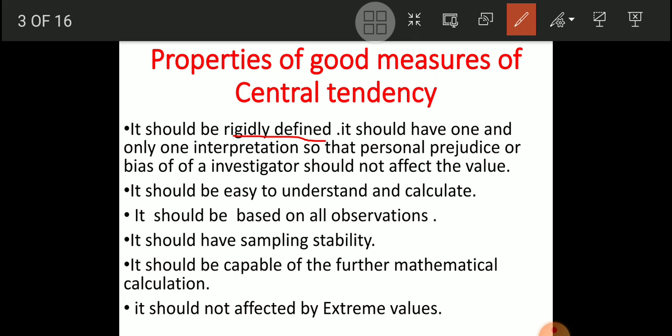It should have one and only one interpretation, so that personal prejudice or bias or partiality of an investigator should not affect the value. Third, it should be easy to understand and calculate. It should be based on all observations.